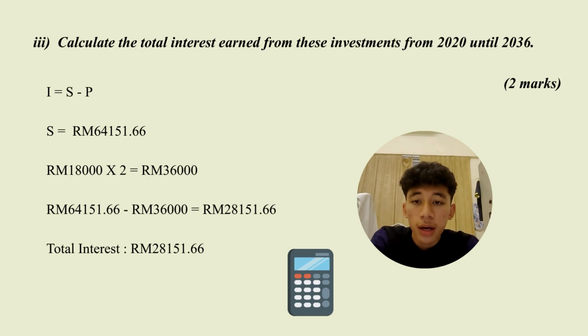Then RM 64,151.66 minus RM 36,000 equals RM 28,151.66. So the total interest, and the answer for this question, is RM 28,151.66. That's all.